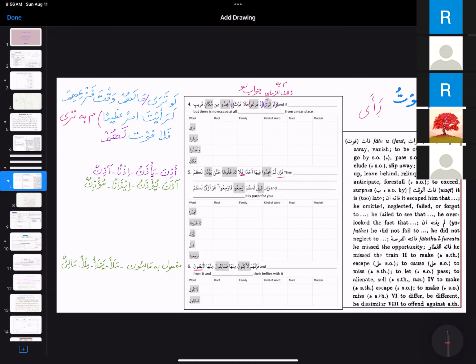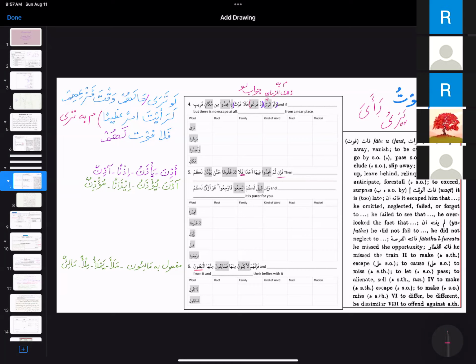And an interesting thing is that when it goes to Mudaria, it will be Yara. Yara, actually Yara you, right? But we do not say Yara you, we say Yara. So now again we have Mahmooz plus we have that Nakis, right? So I'm going to check the dictionary to see how they label it, and then inshallah next class I'm going to let you know.